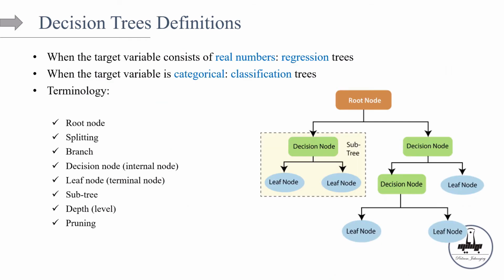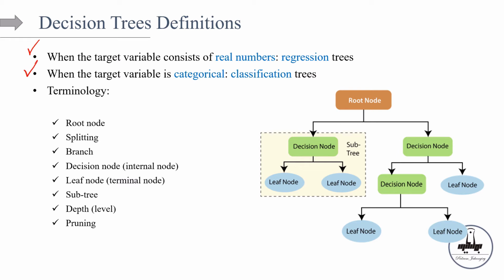Decision trees definitions. When the target variable consists of real numbers, that's going to be a decision tree regression. What are the examples? Imagine your target variable is wage, consumption, stock price, stock market returns, you name it. These are examples of real numbers.